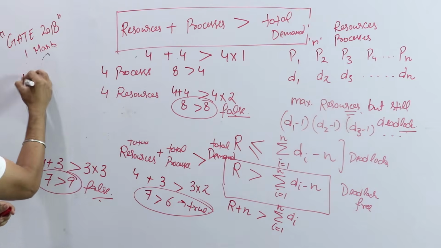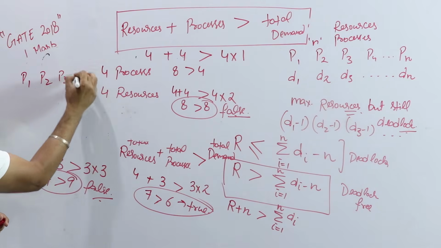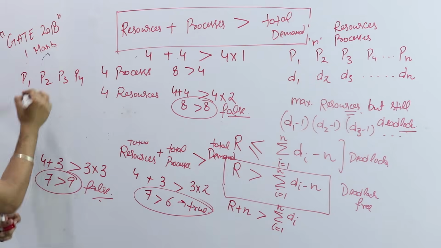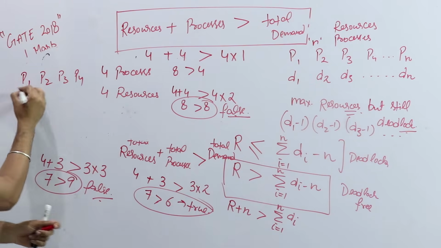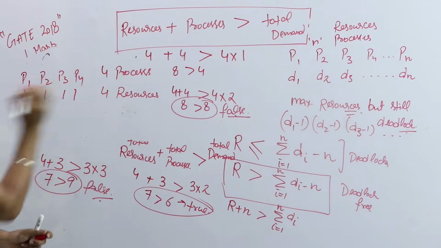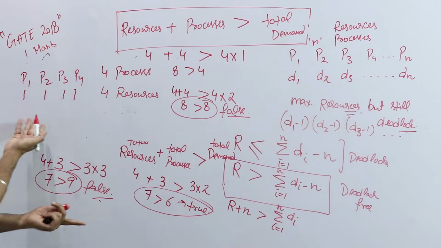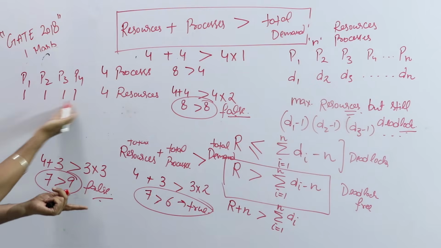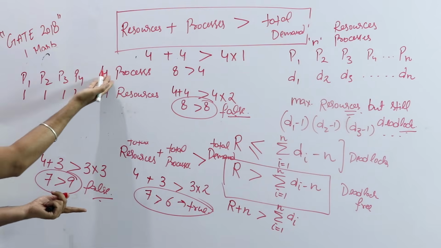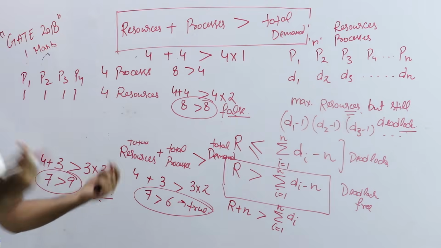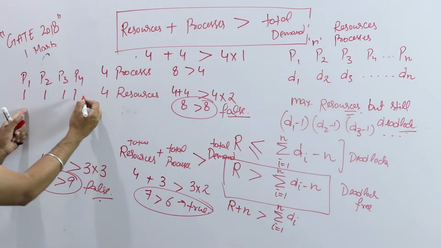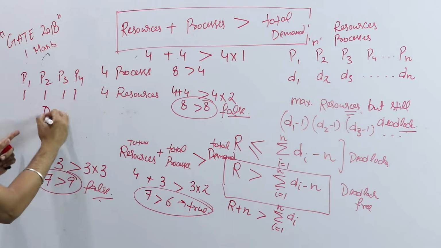You can do it like that also. P1, P2, P3, P4, 4 processes. Each process demands, let's say, 2. So I give 1, 1, 1, 1. 4 resources are allocated. How can I give the second resource? Everybody is waiting for 1 resource, and I have already allocated all 4 resources. So there will be a deadlock.